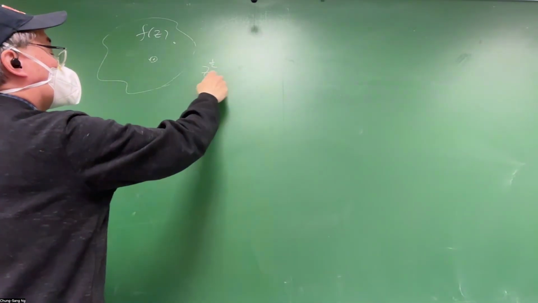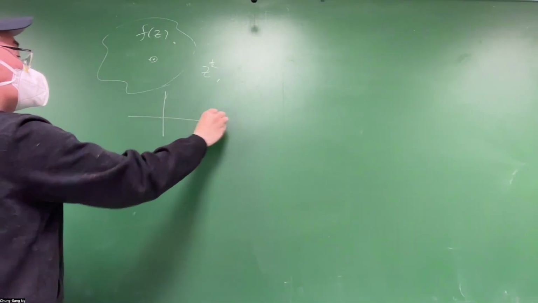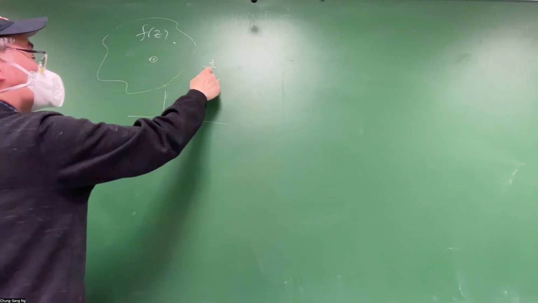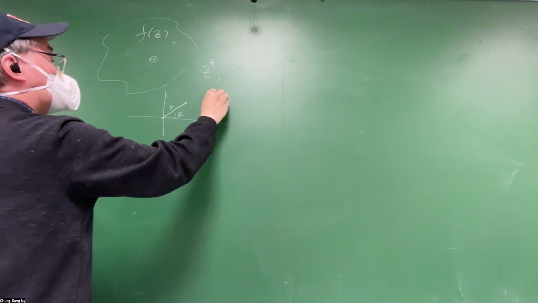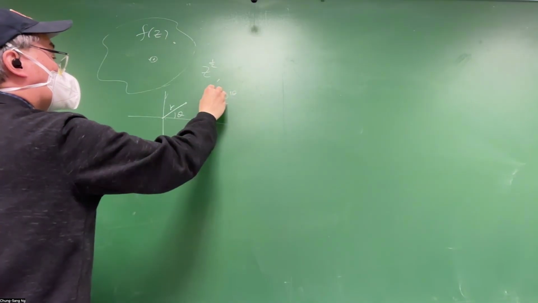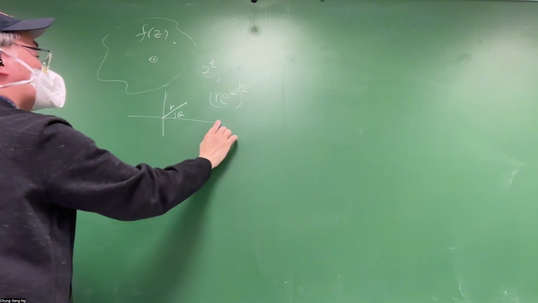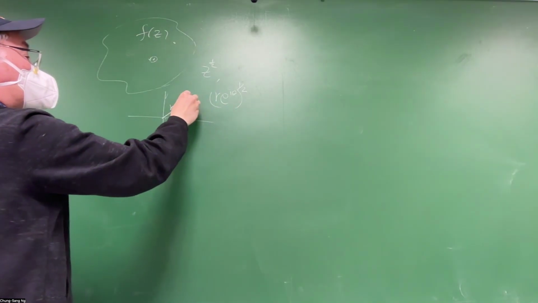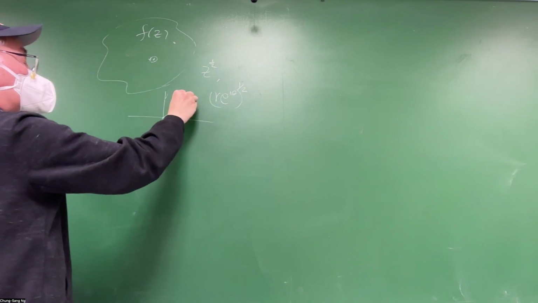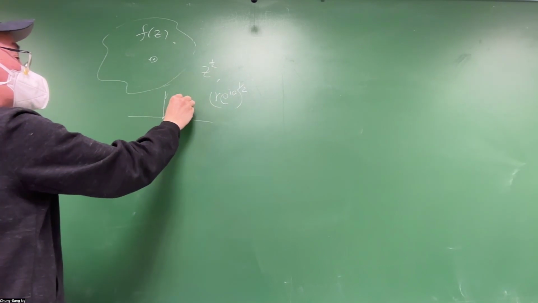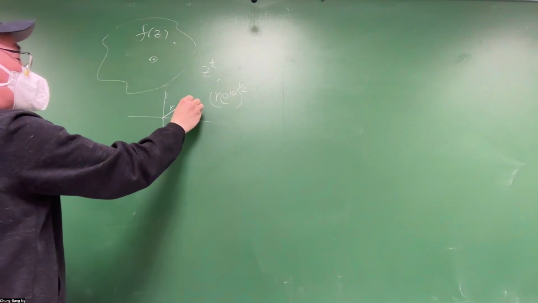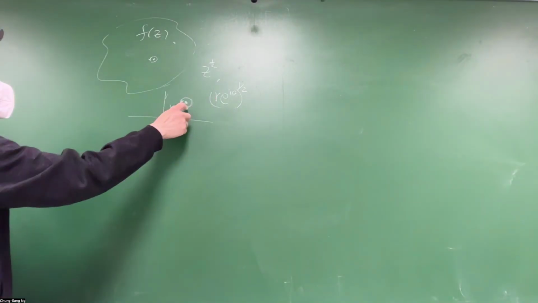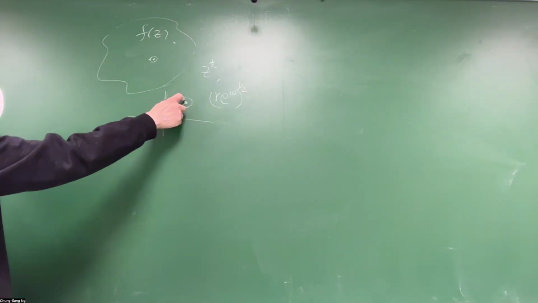So if you use polar coordinates r and theta, z to the one half is r e to the i theta, to the one half, right? And you go around any point, if you just go around it a little bit away from this point, what is the theta value?